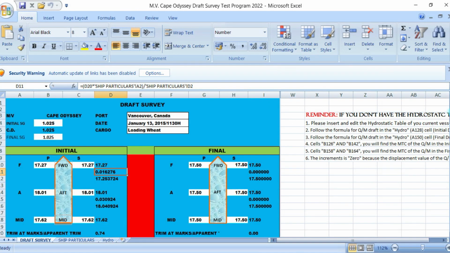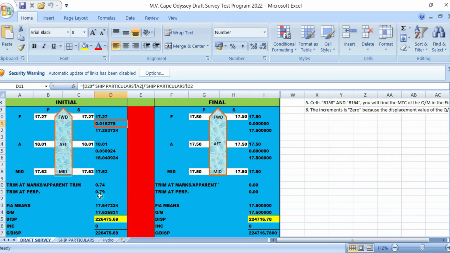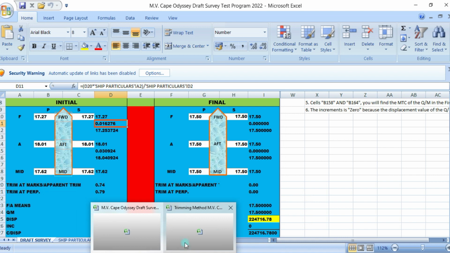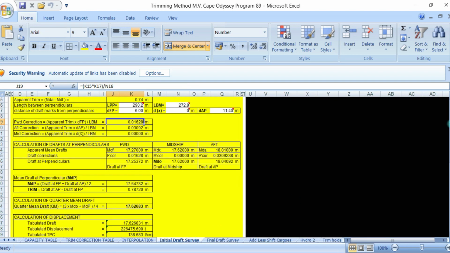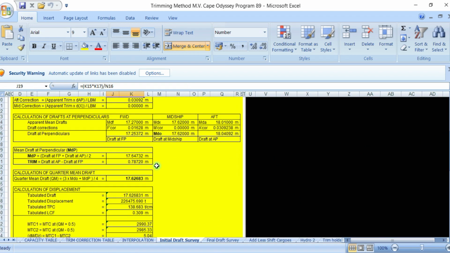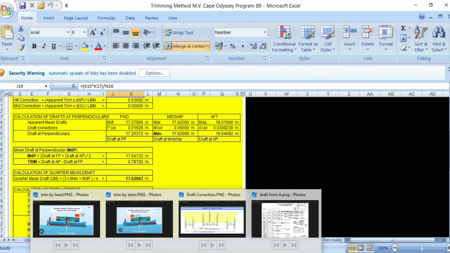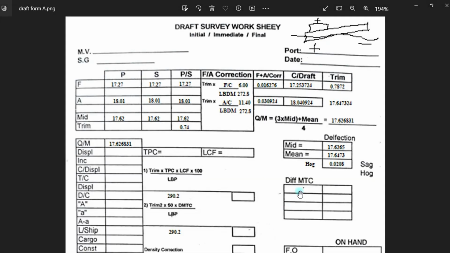This is this one. And the other one, corrected trim will be 0.7872.